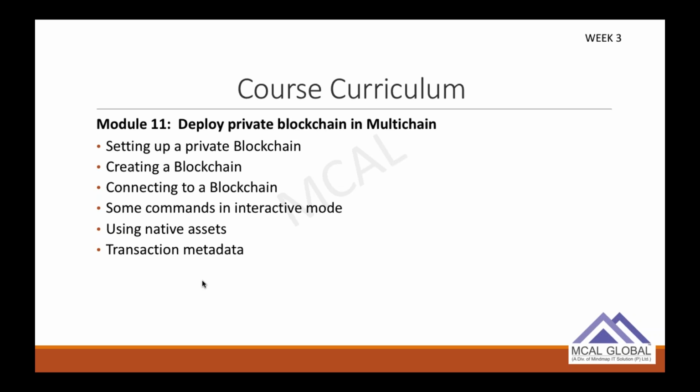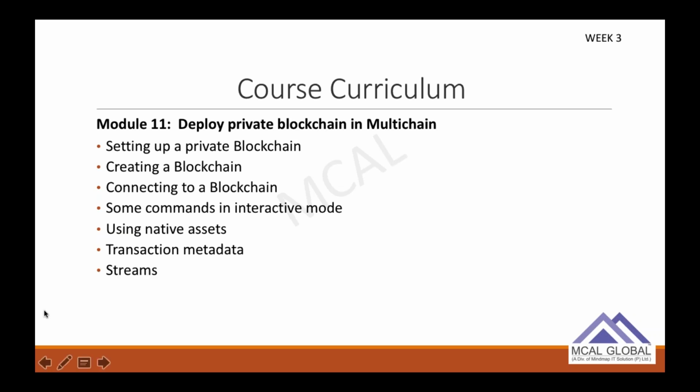Suppose I'm the owner of the private blockchain and I want to associate or disassociate some access rights from node 2, then I have to push that as a transaction on the network. So these are the types of transactions that flow on the network, and we'll be seeing those.